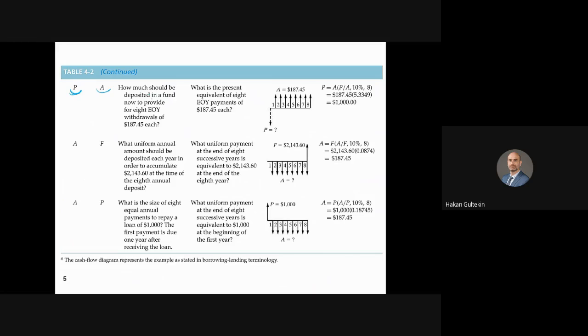How much should be deposited in a fund now to provide 8 EOY, end of year, withdrawals of this much value. We want to deposit some amount here that we don't know, but after that, at the end of each year, for 8 years, I want to withdraw exactly this amount. How can we find it? And we find it in this way.